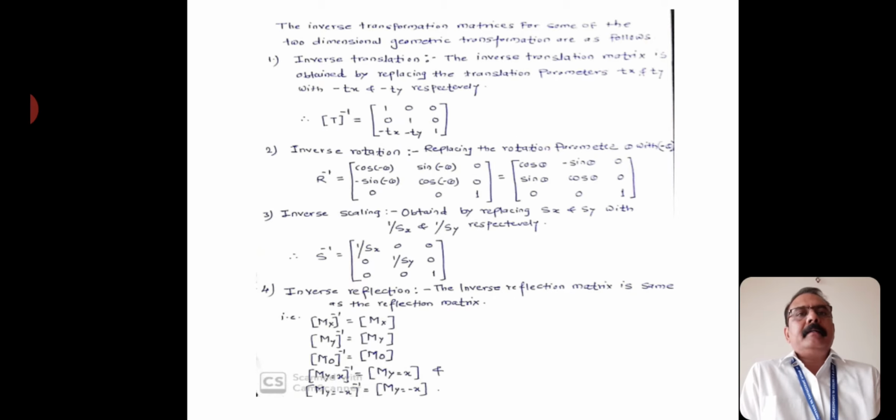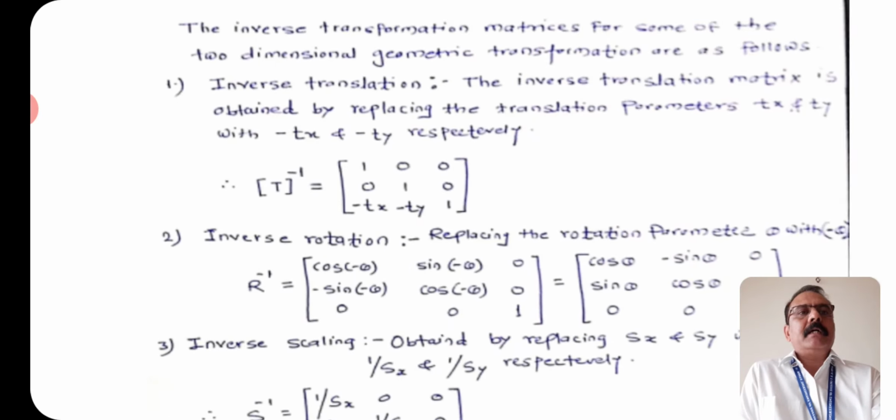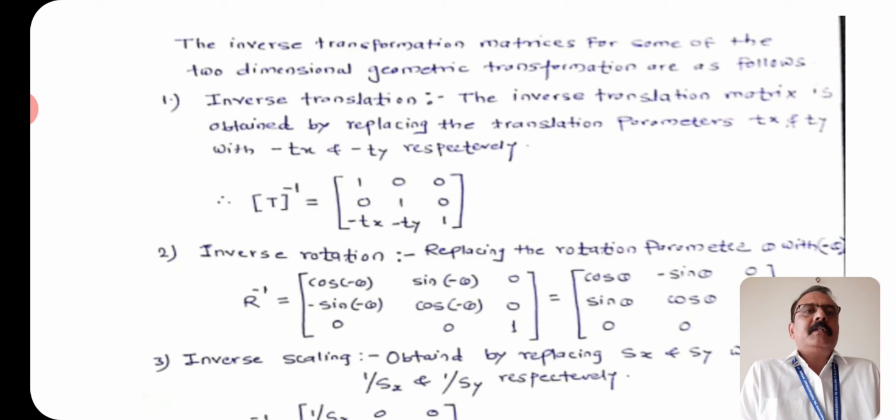Now the inverse transformation matrices for some of the two-dimensional geometric transformations are as follows. First, the inverse translation matrix is obtained by replacing the translation factors Tx and Ty with minus Tx and minus Ty respectively.